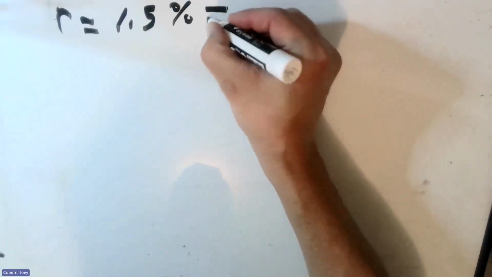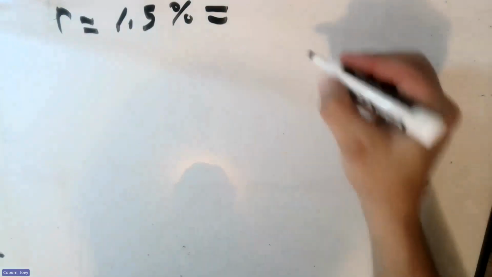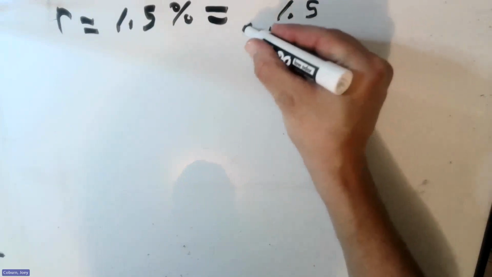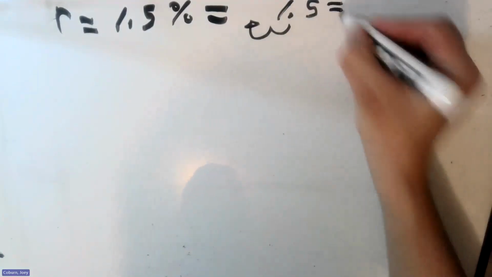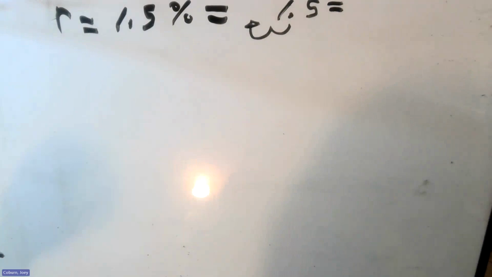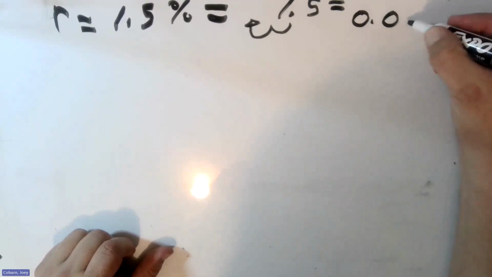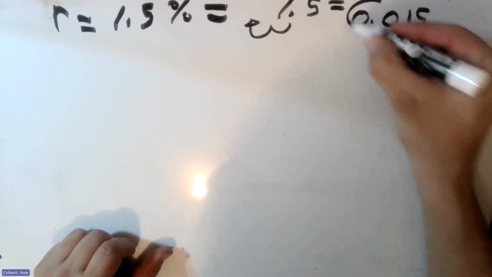So we need to convert that to a pure decimal. So you take your 1.5 and move the decimal 2 spaces to the left. That's how you turn a percent into a pure decimal, in other words, a decimal number that's not a percent anymore, and it's 0.015. So that's our R.